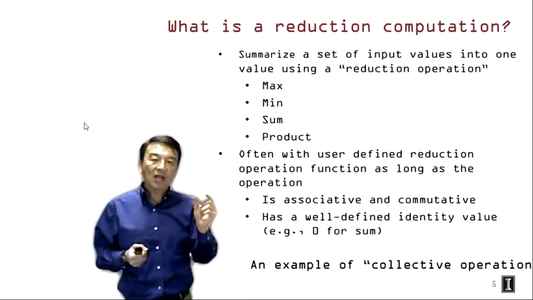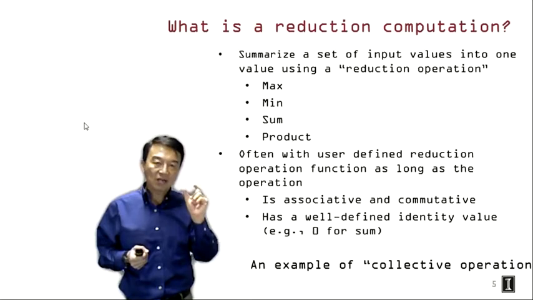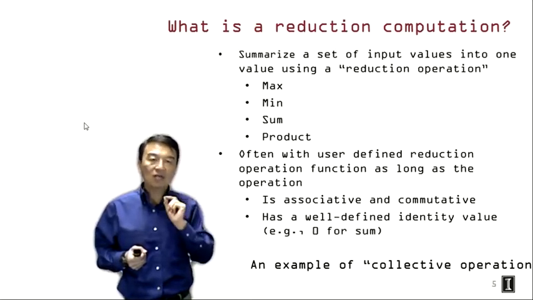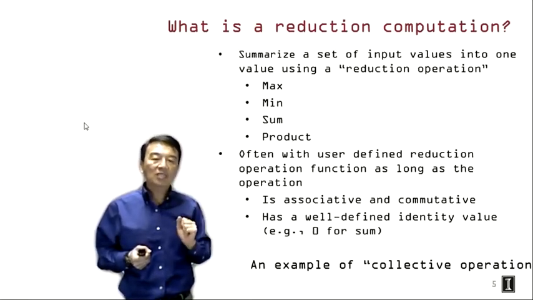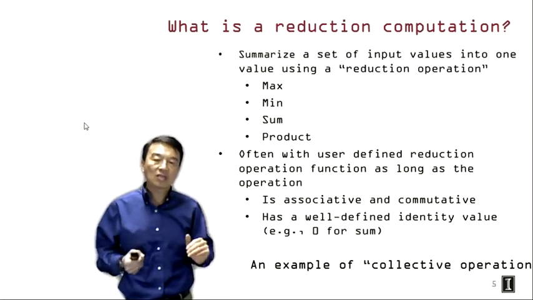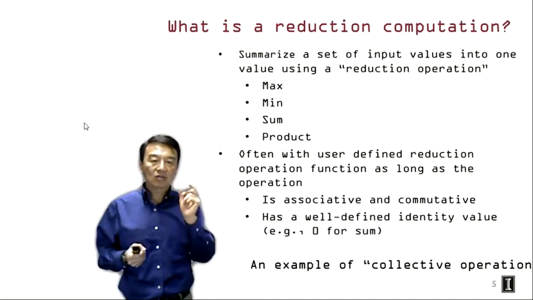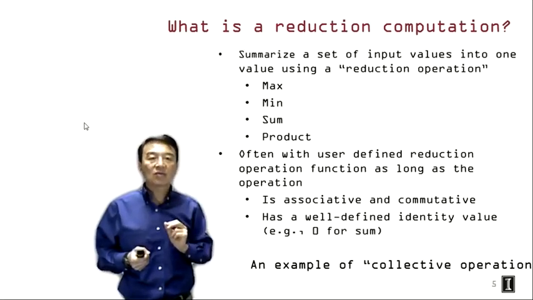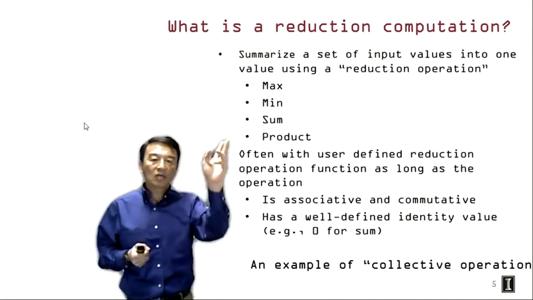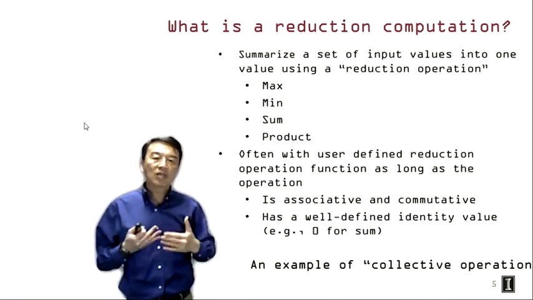Sum is another possible reduction operation. When we apply sum to two values, that means that we're adding the values together to get that single answer. But if we apply sum reduction to a large data set, that means that we're adding all the values together into a single sum, and that will be the answer of the reduction computation. And product is the multiplication version.